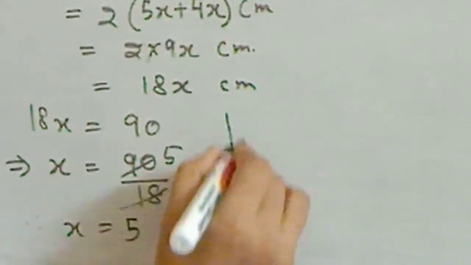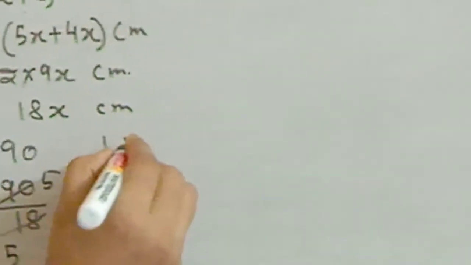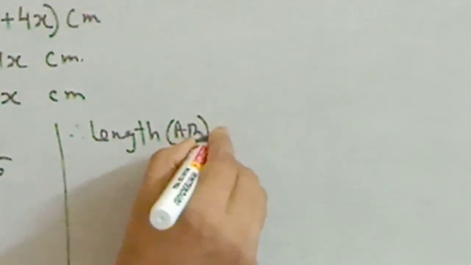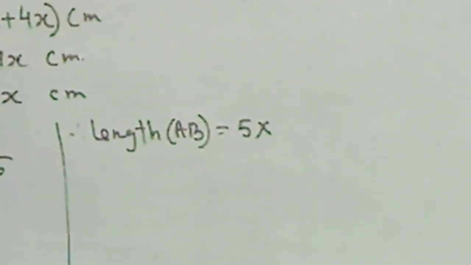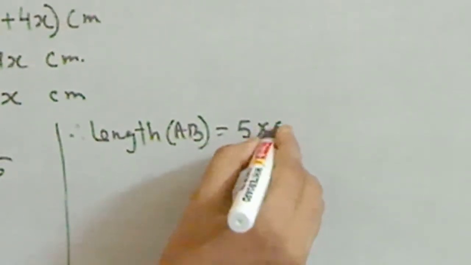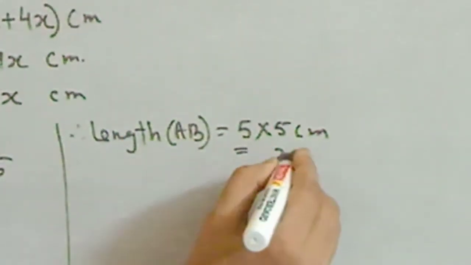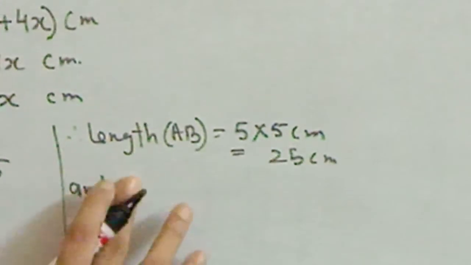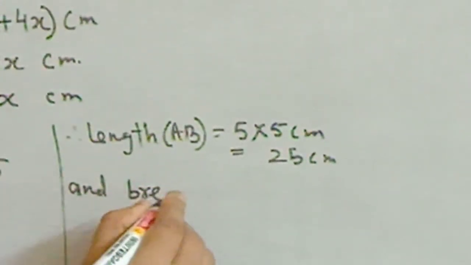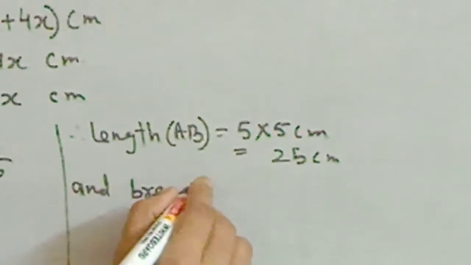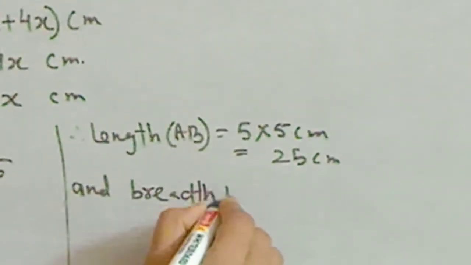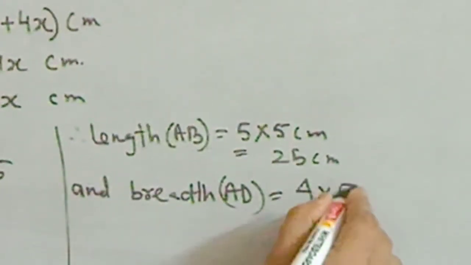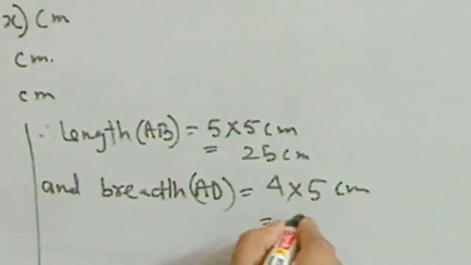Now the length AB is equal to 5 into 5 centimeter, that is 25 centimeter, and breadth AD is equal to 4 into 5 centimeter, that is 20 centimeter.